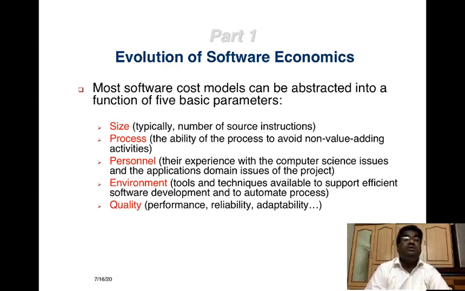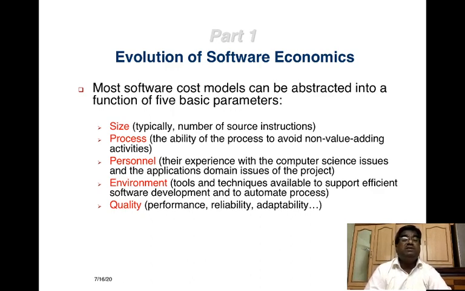Then the last one is quality. Quality is the most important parameter. The client always expects a good software product for his business. So the development team needs to give assurance that they will build a good quality product for the customer.